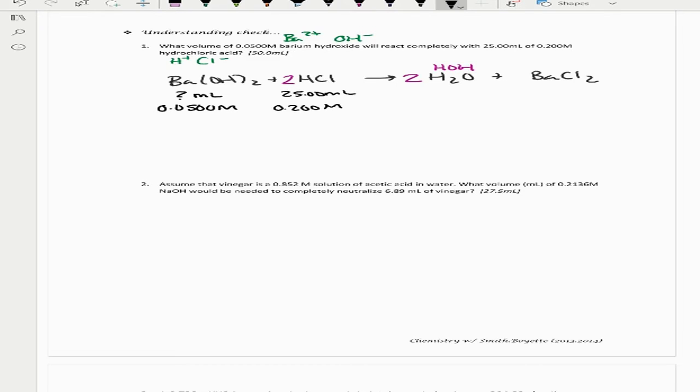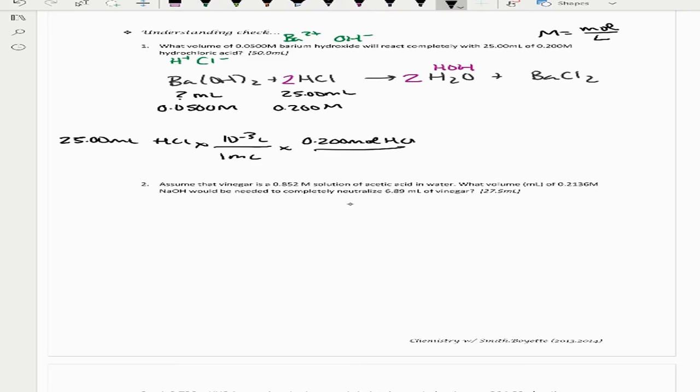Remember that big M equals moles per liter. Once again, we start with 25.00 milliliters of HCl, convert it to liters, then use the concentration of HCl, use the mole ratio to convert to moles of Ba(OH)2, and then we'll multiply by the concentration.